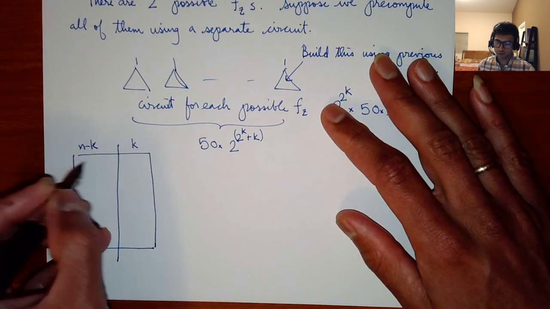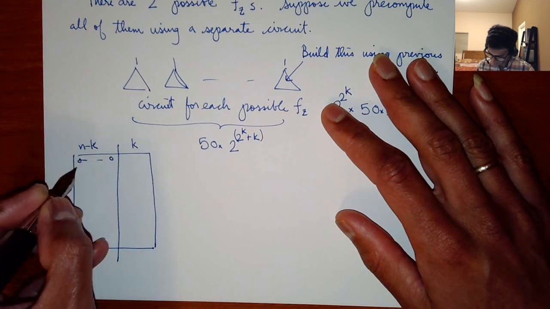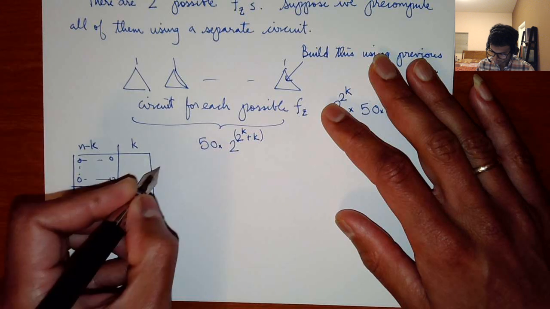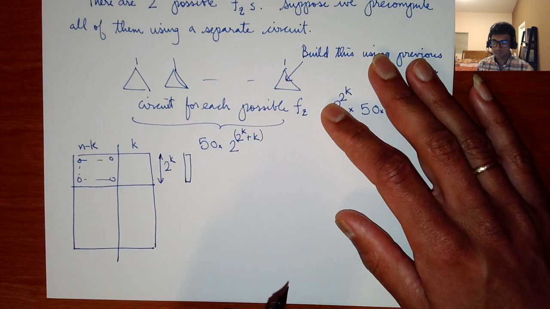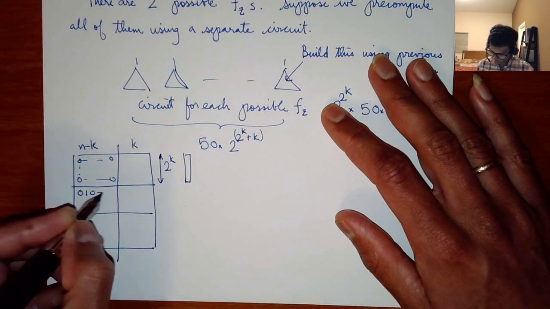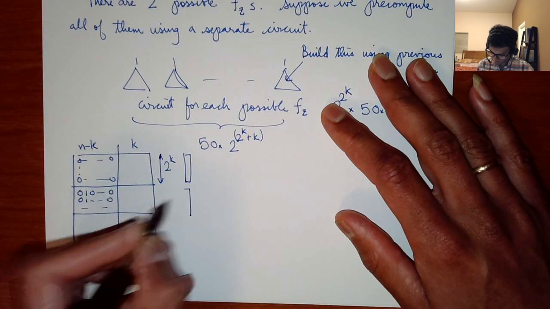So let's pick a particular setting for the n minus k bits. Let's take the all zeros. All zeros. And this is going to give you something of size 2 to the k here. And this is going to be some truth table. Now let's look at a different setting. Let's look at 0, 1, and then all zeros, so on and so forth. And this is going to give me a separate truth table here.